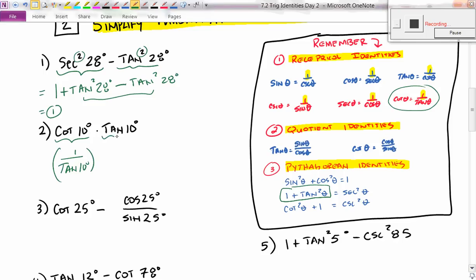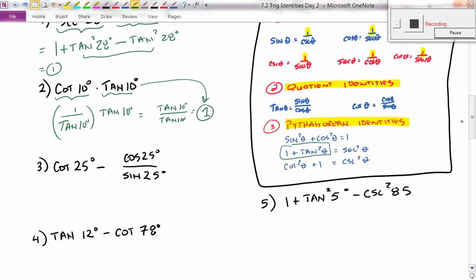And I can multiply that by this part, which is just the tangent of 10 degrees, which of course is just the tangent of 10 degrees divided by the tangent of 10 degrees, which is just also 1. So all of this is again equal to just 1, and we use the reciprocal identities to get us there. Okay, let's do the cotangent of 25 minus cosine 25 over sine 25.